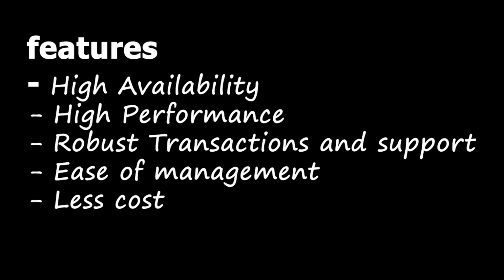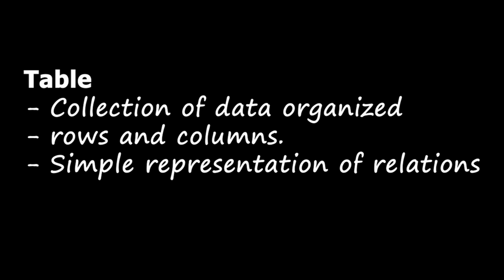Next one is table. In this relational database model, a table is defined as a collection of data organized in rows and columns. From this diagram itself, you can understand the table has some rows and columns, right? It is a simple representation. Table means, as I said before, a relation.